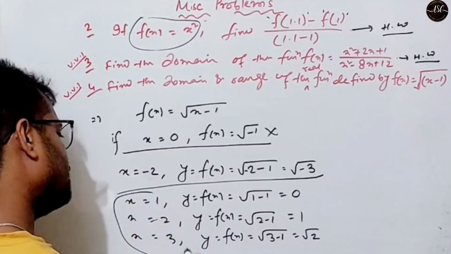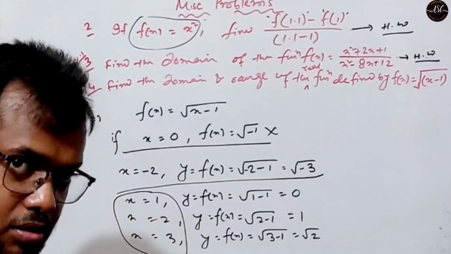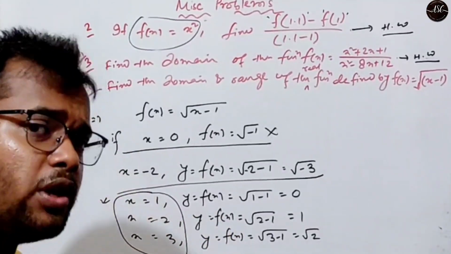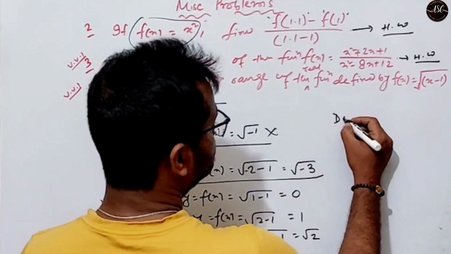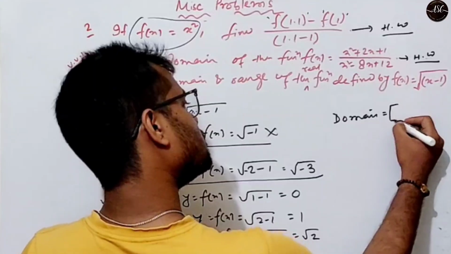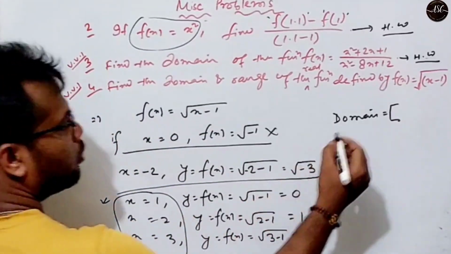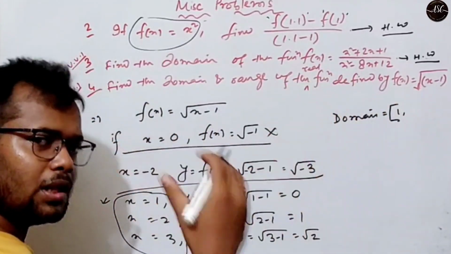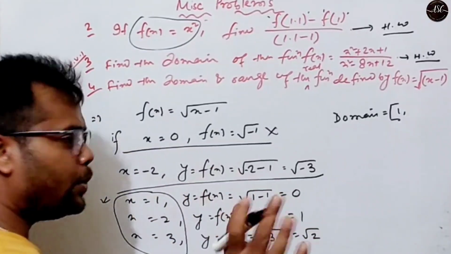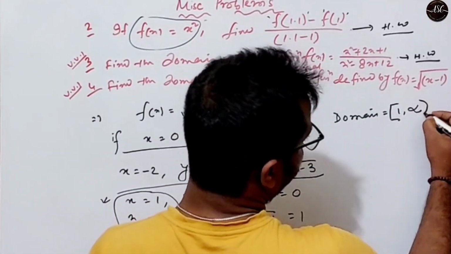So here we have seen all the values of x from 1 up to infinity are allowed. So the domain will be within third bracket from 1, that means 1 should remain in the set, up to infinity, closed with first bracket.